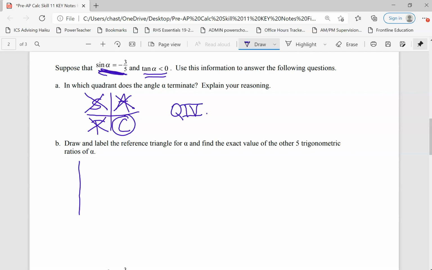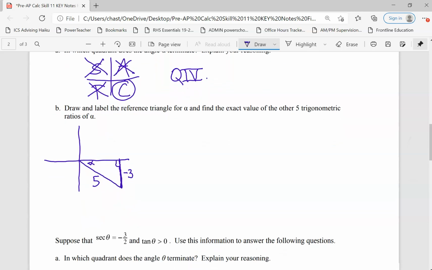So what I'm going to do is draw a reference triangle in quadrant 4. Here is my alpha. We know that the sine of alpha is negative 3 over 5. So the 5 is the hypotenuse. The negative 3 is the opposite side to that. Now the reason I know that the 3 had to be the negative number is because we're going down in the y-axis.